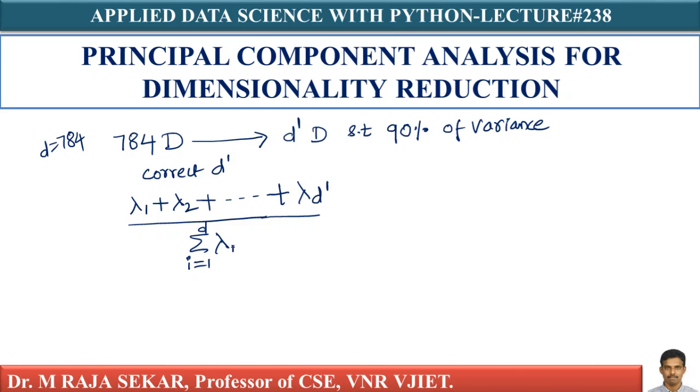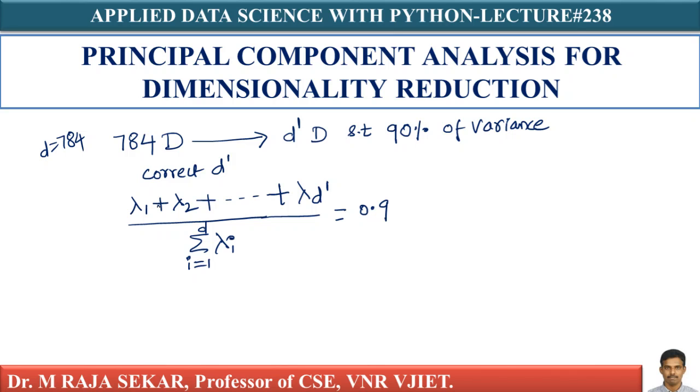Let me say this is lambda I. I want this ratio to be 90%, that is 0.9. We want to find d dash such that this ratio is 0.9, so that 90% of the information or variance is explained, or retained, by using PCA.